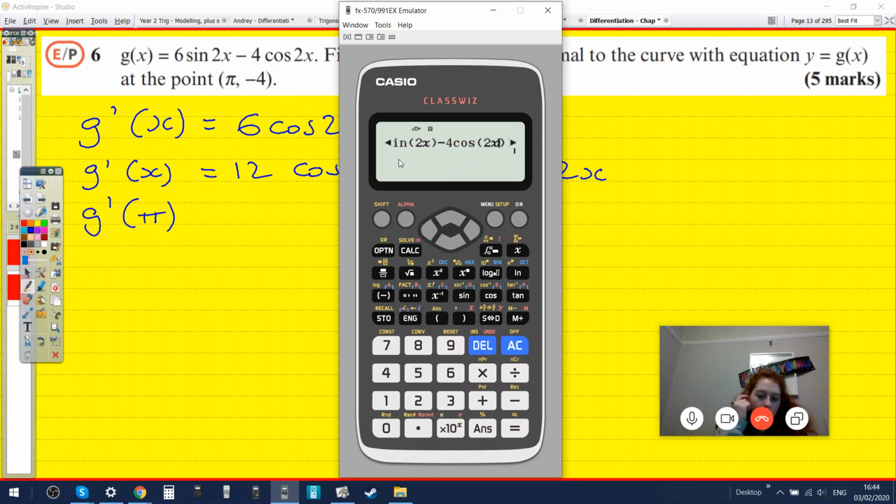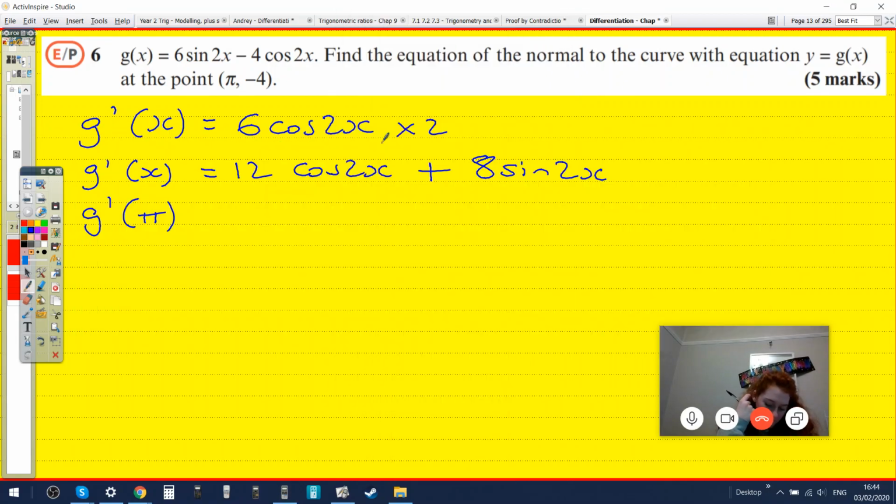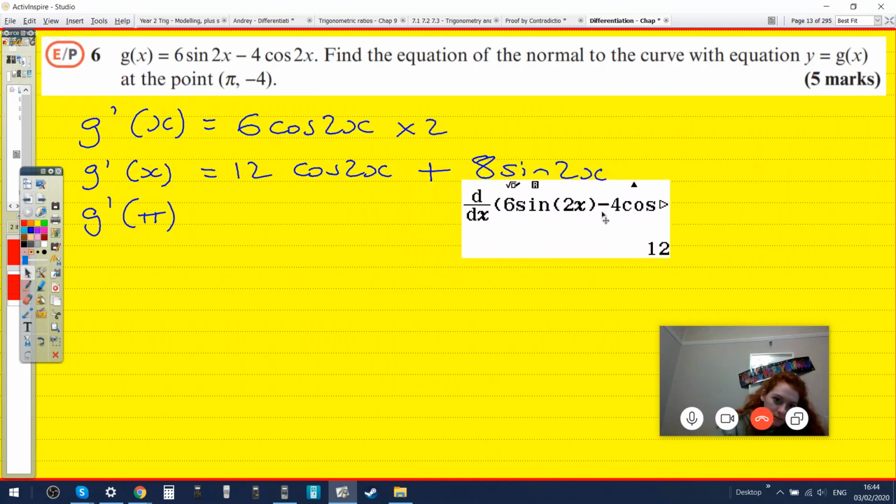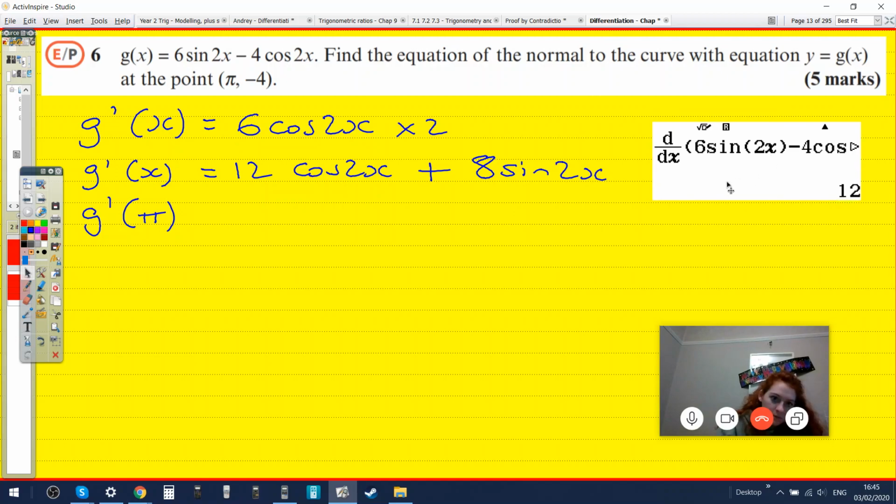Minus 4 cos 2x. And x equals pi. And I also get 12. Okay. And so in general, if they want you to give you the derivative, you would find the derivative. If you just need the gradient, then I would just use the calculator.